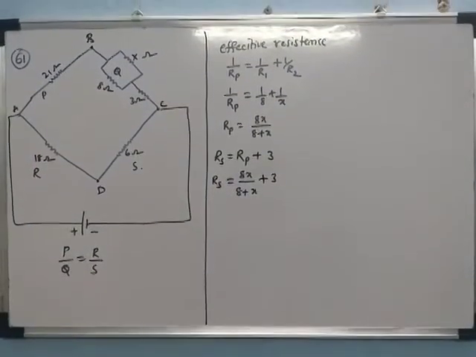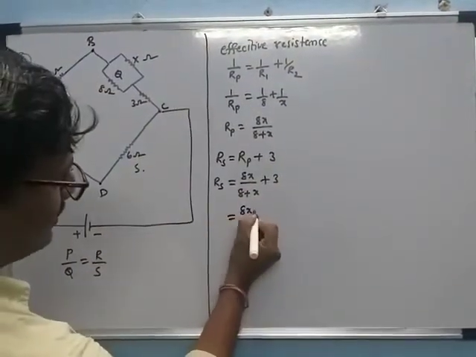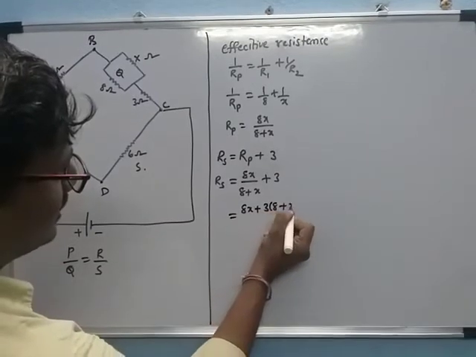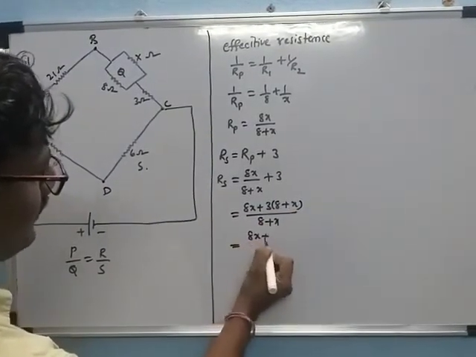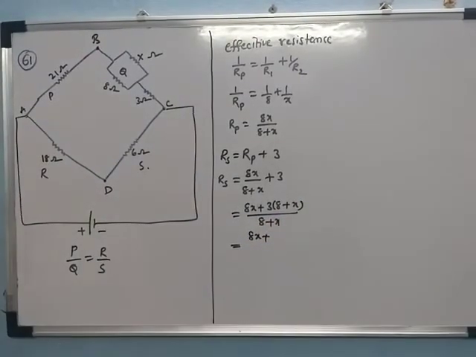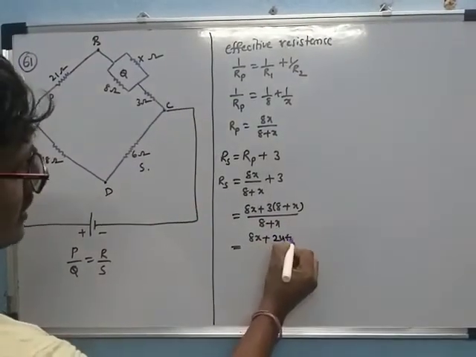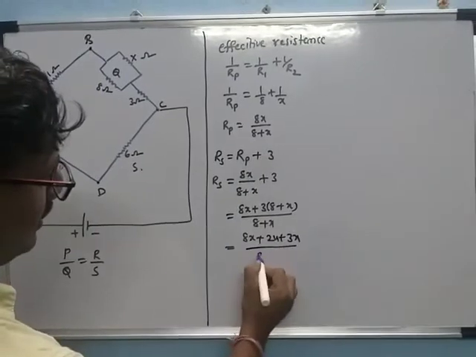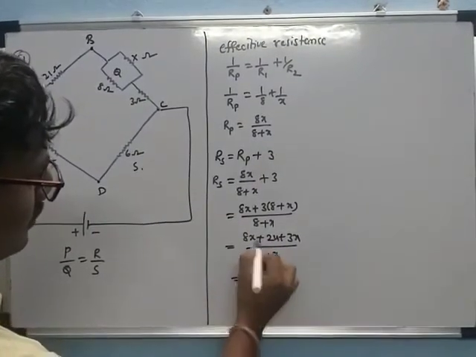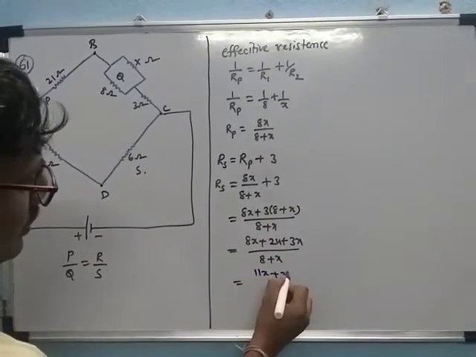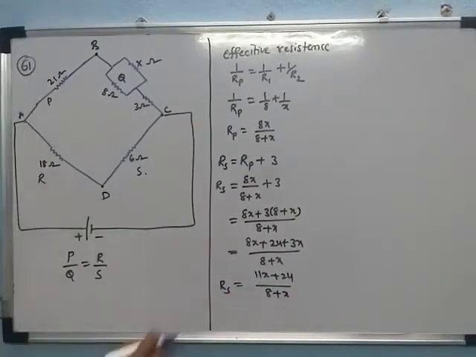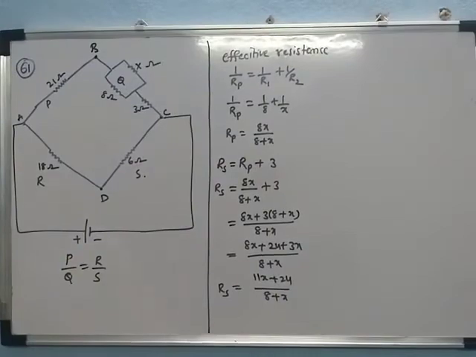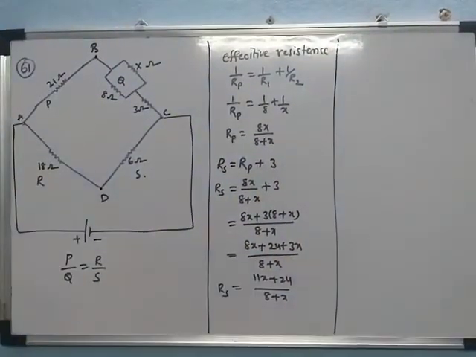Taking the LCM, it is 8x plus 3 into 8 plus x, by 8 plus x. That is 8x plus 24 plus 3x divided by 8 plus x, which is 11x plus 24 by 8 plus x. This is Rs, which is the Q value.